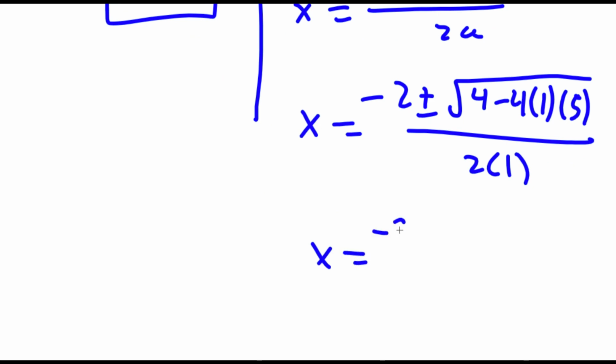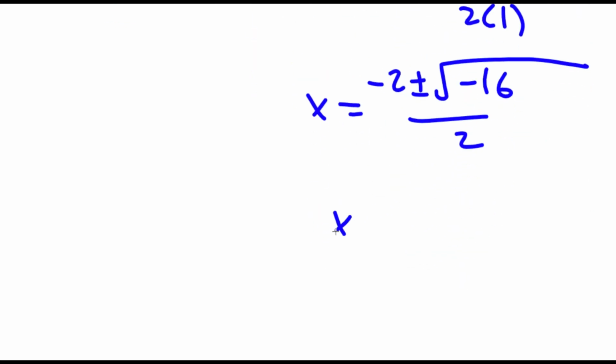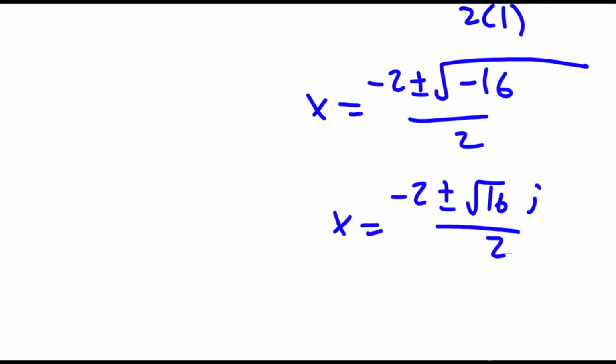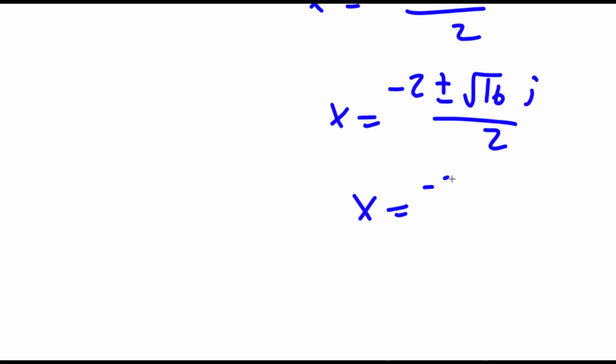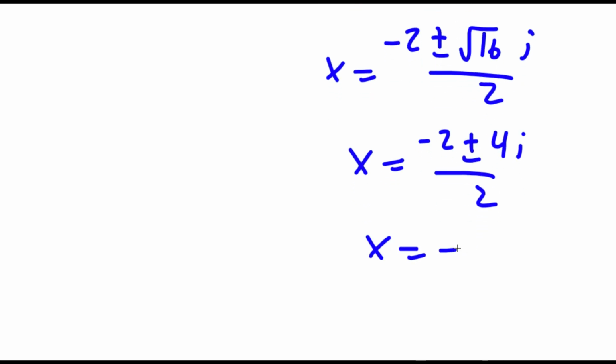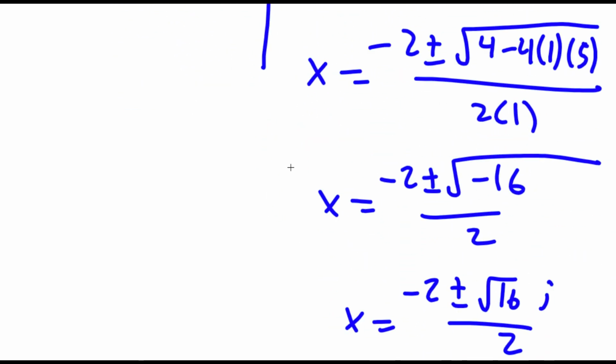And now this is equal to negative 2 plus or minus the square root of 4 minus 20, which is negative 16, over 2, which is equal to negative 2 plus or minus the square root of 16i over 2, which is negative 2 plus or minus 4i over 2, which is negative 1 plus or minus 2i. So these are my three solutions to this problem.